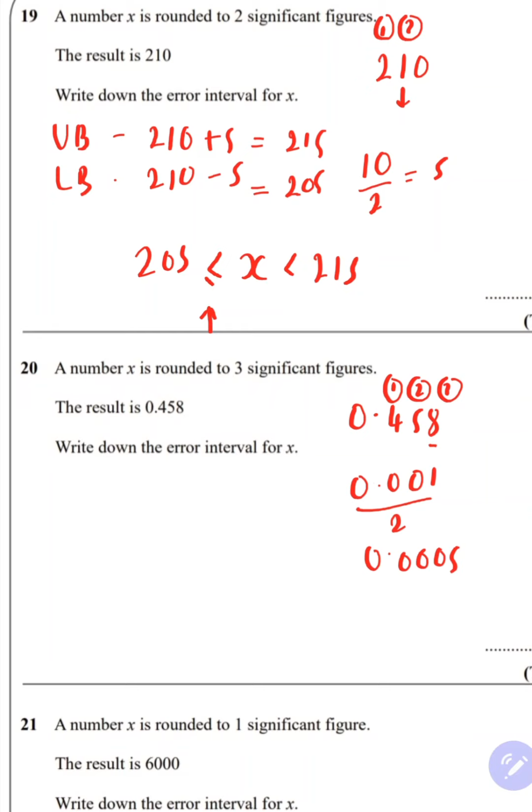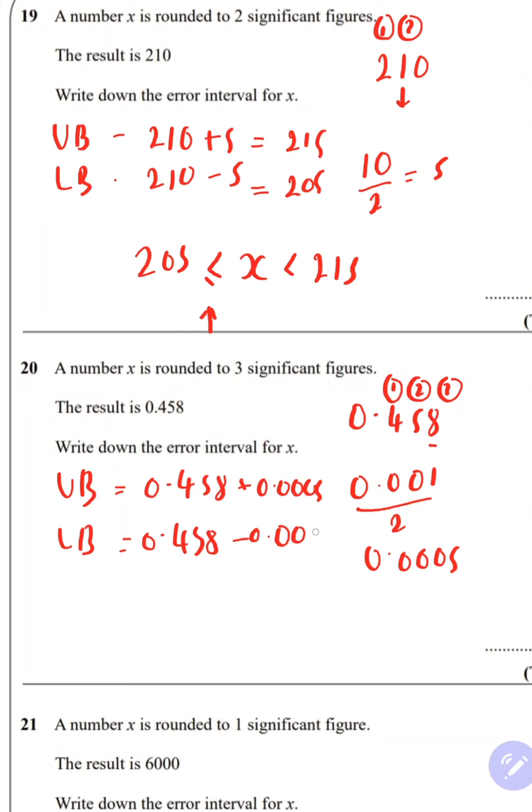Okay, so we want to work out the lower bound and upper bound. To work out the upper bound, you do 0.458 plus 0.0005, and for the lower bound, you do 0.458 minus 0.0005.